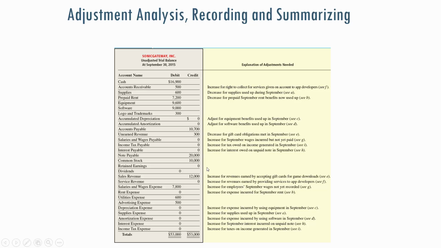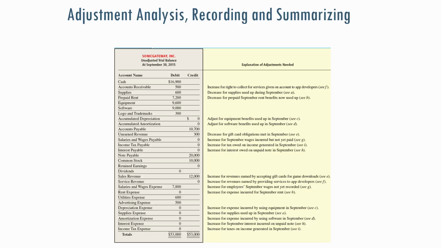So we would go through this and look at these accounts, and over here to the right it talks about what these accounts are, or the reasons why we would need to make adjusting entries, and it says to adjust for equipment benefits used up during this accounting period, which is September, and we can also see that from the header up here.